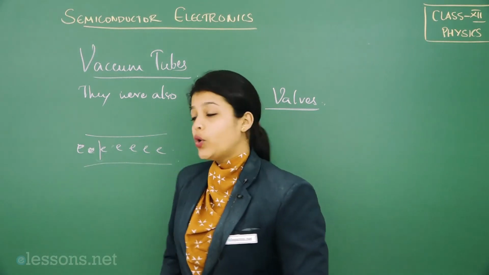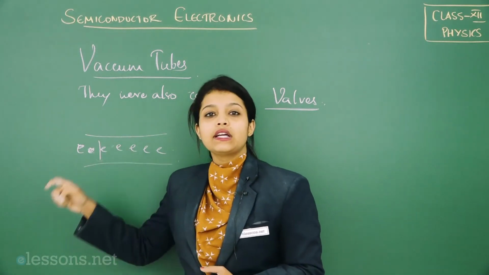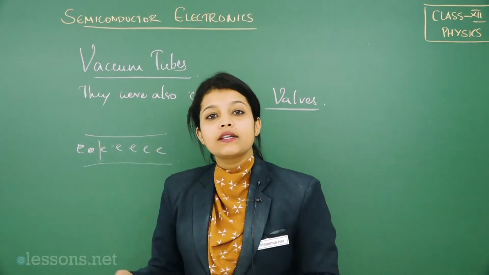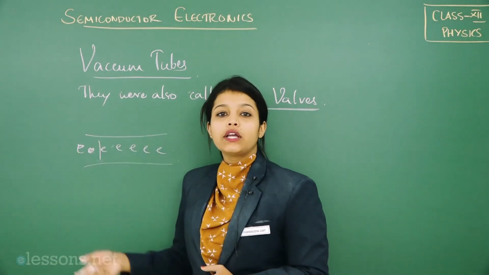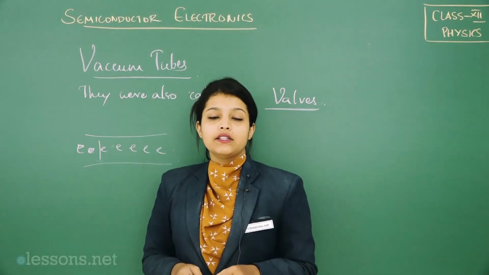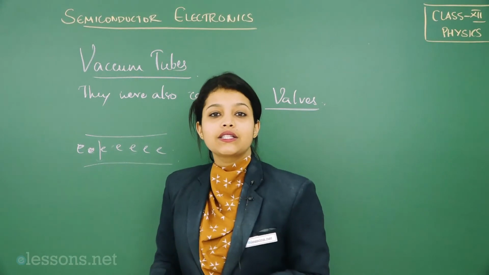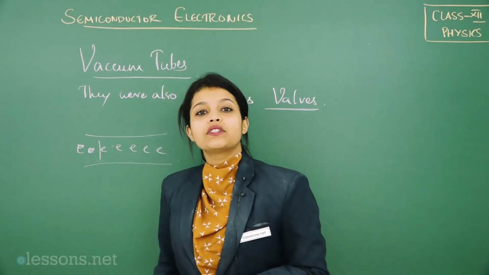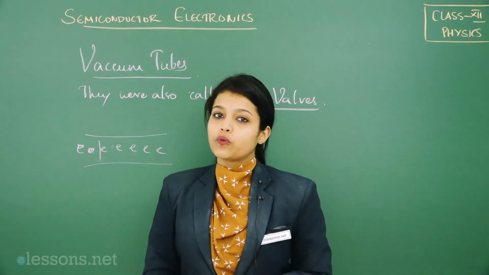Also there was vacuum maintained within the space in the vacuum tubes, especially because the electrons that are flowing through should not collide with particles in the air. That is why the space through which the electrons are flowing is chosen to be a vacuum.